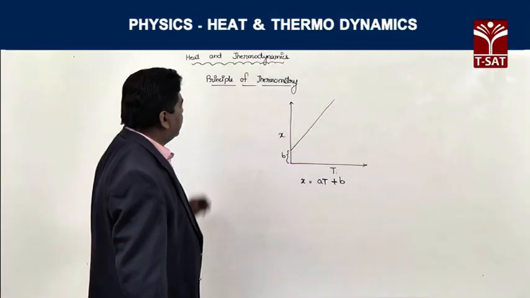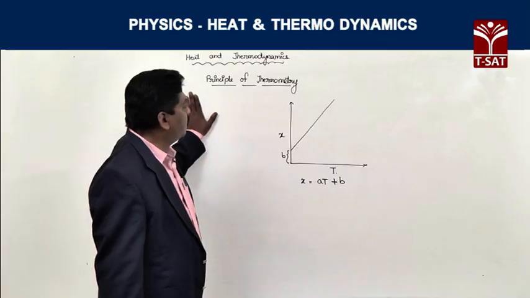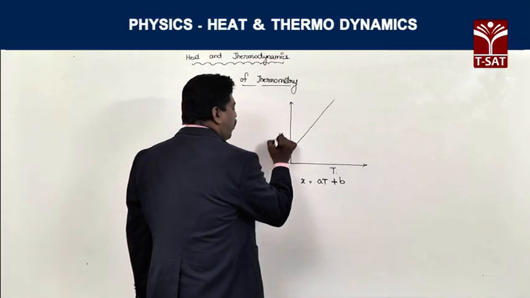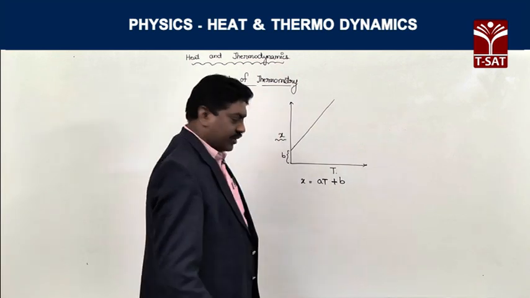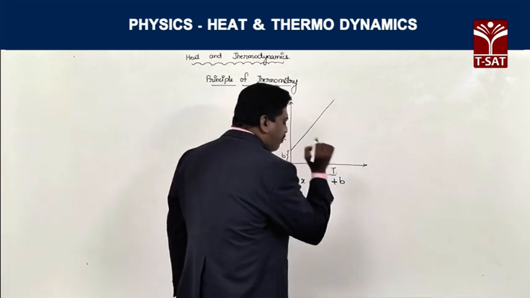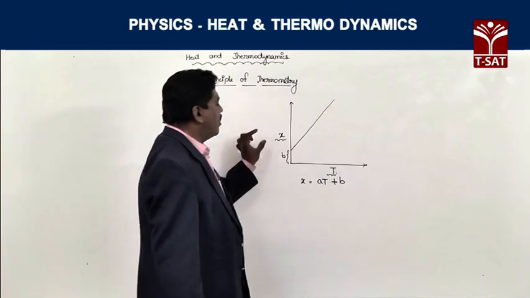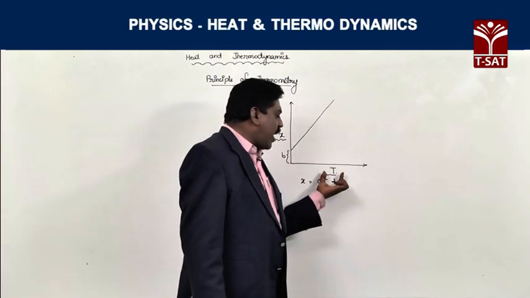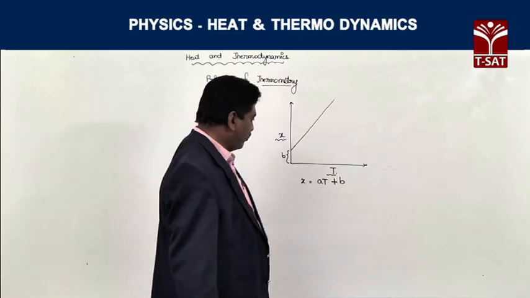Now, let us consider the principle of thermometry. Let us say a physical quantity is x and T is the temperature. Here, the physical property x varies linearly with temperature.